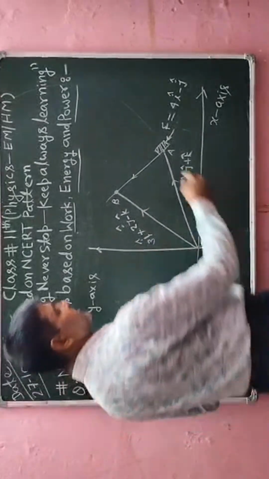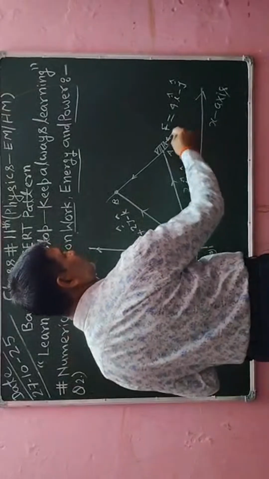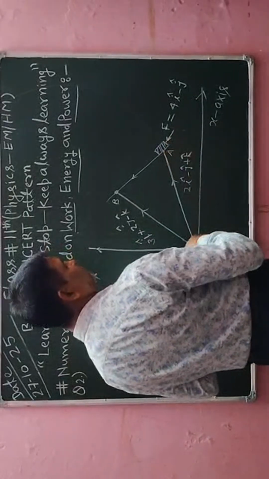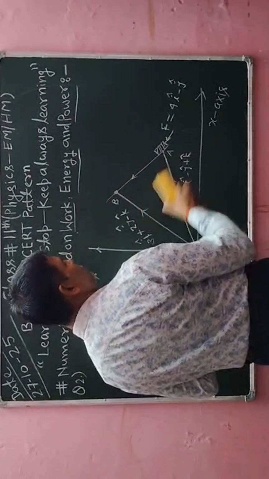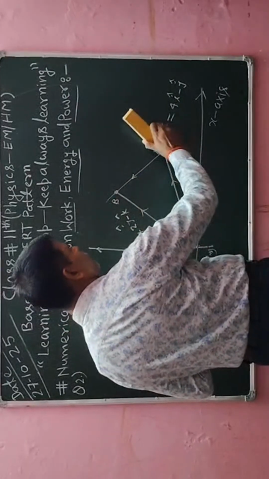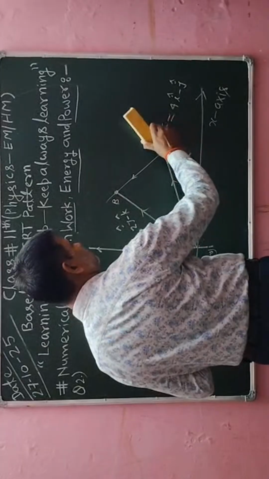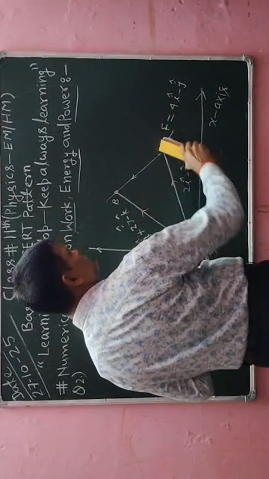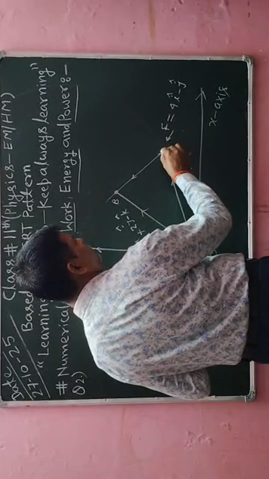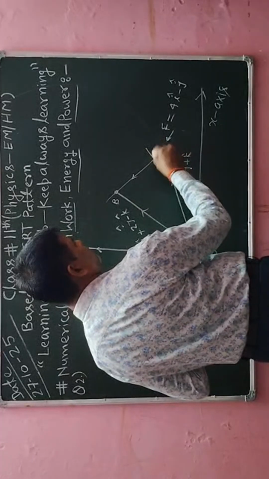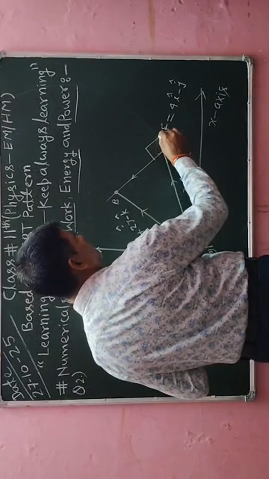Now here there is a force F which is acting on this object, and this object is moving from point A to B. So what will be the work done by the force while moving from point A to B? That I have to calculate properly.